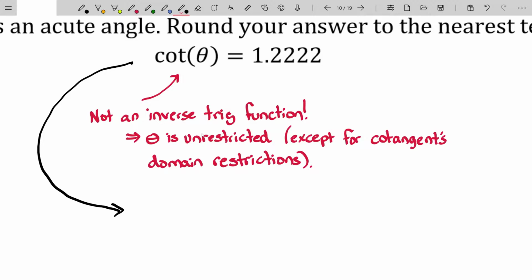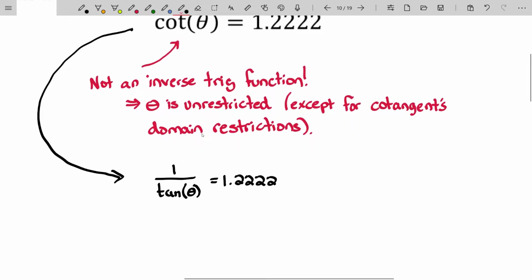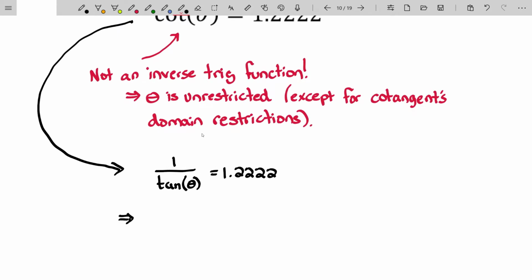We want the cotangent of theta to be 1.2222, so we want 1 over the tangent of theta to be 1.2222. If you take the reciprocal of both sides, you'll get that you want the tangent of theta to be 1 over 1.2222.